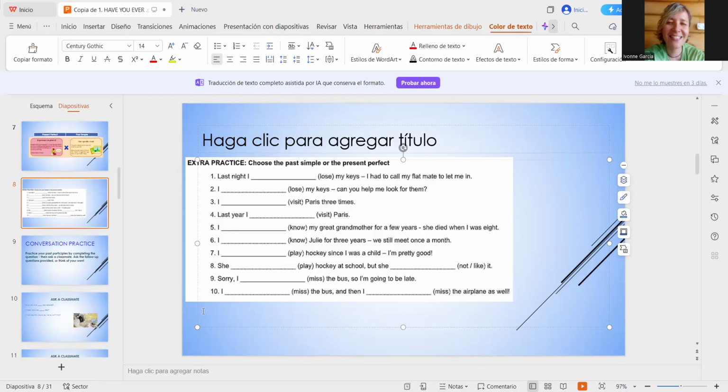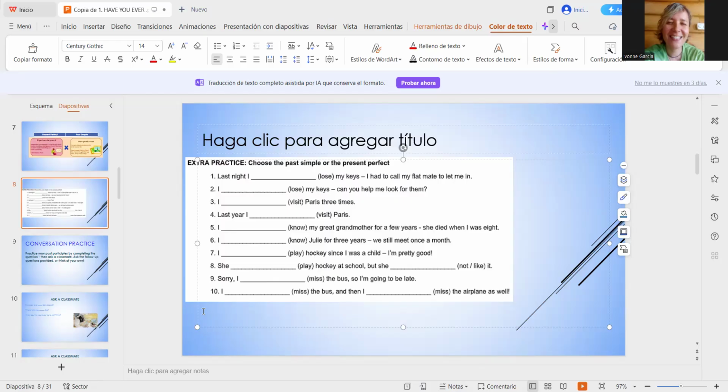That's right. It is better to use the present perfect in this case because you are looking for the keys. So that action is affecting the present moment. I have lost my keys. Can you help me look for them? Las he perdido. Ayúdame.